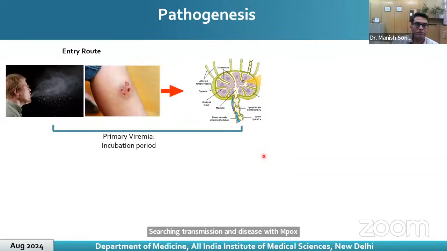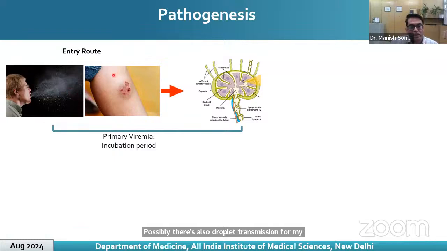Before coming to the clinical features, let's see how the pathogenesis explains them. As per our current understanding, direct contact is the predominant mode of transmission. For clade 1, possibly there is also droplet transmission and fomite-borne transmission, which is important.